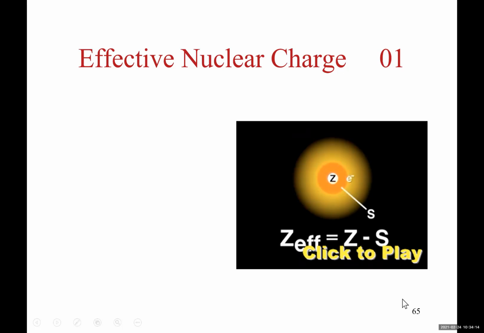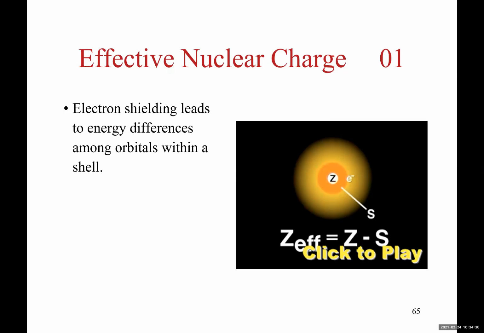So guys, what we have been looking at in this part of chapter 5 is energy of electrons. If I'm going to compare energy of electrons in different shells, is it fair to say that electrons which are at a larger distance from the nucleus feel the attraction of the nucleus by a lesser amount?